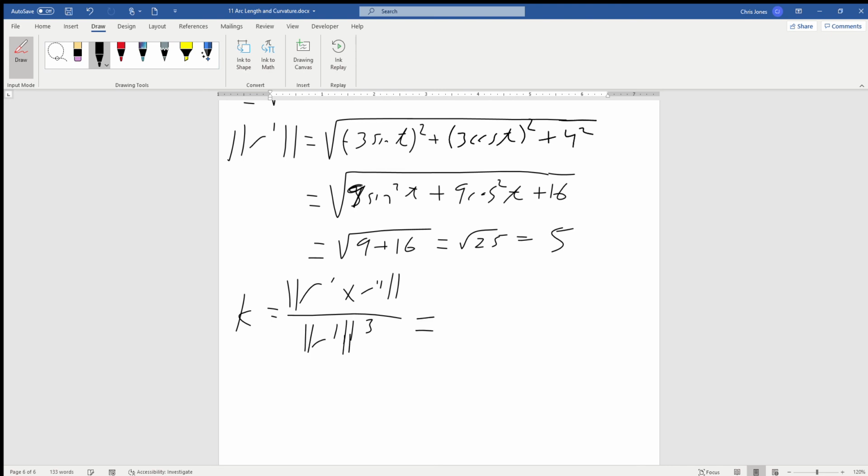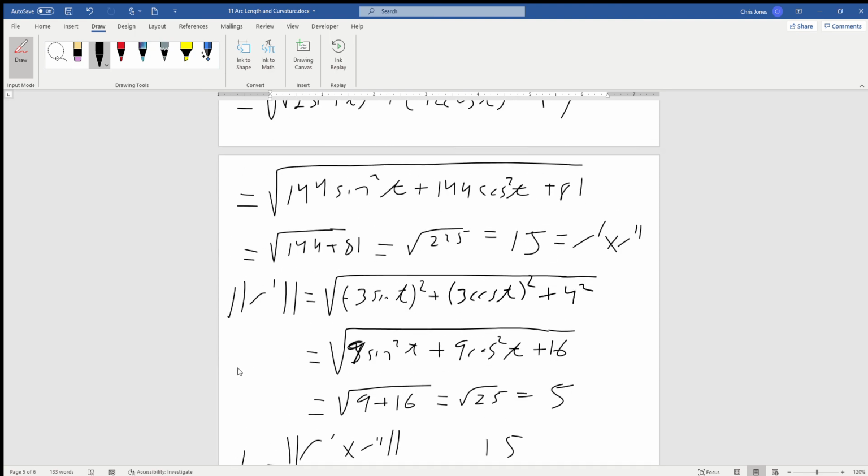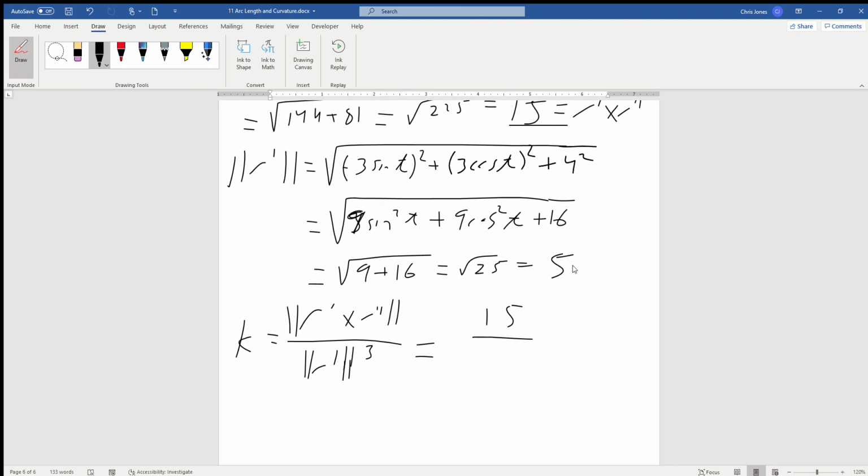So that's going to be equal to 15 in the numerator, which was the 15 from right here, and we're going to get 5 for our magnitude cubed. So we really get 15 over 125, and that ends up being 3/25.